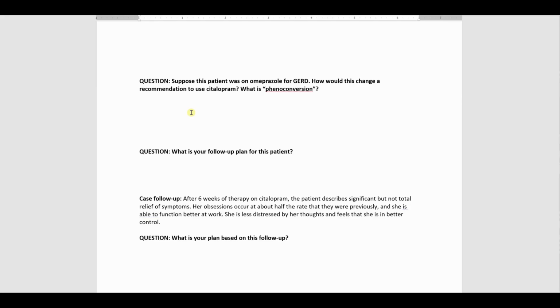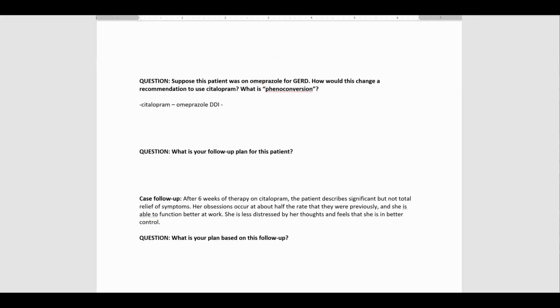So I think most people, you probably remember, even without looking at Micromedex, is that there is some sort of drug-drug interaction here that's occurring. So the drug-drug interaction that's occurring is an interaction between omeprazole and citalopram, occurring via what? That's right, 2C19, because omeprazole is actually an inhibitor of 2C19.